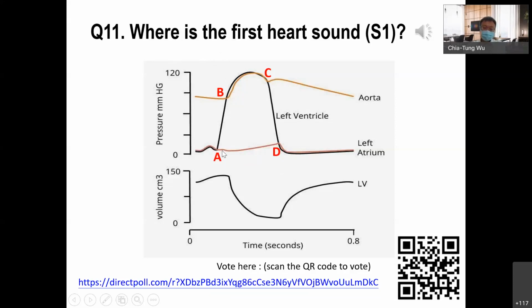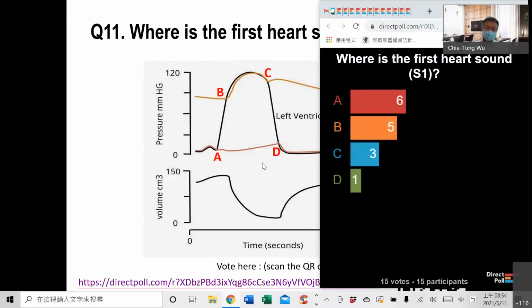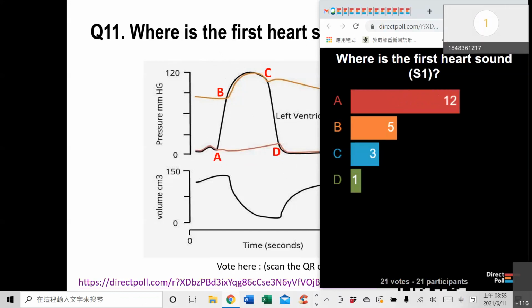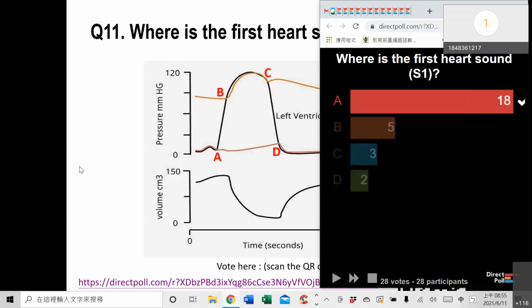Point A, point B, point C, or point D? Okay, the correct answer is point A.